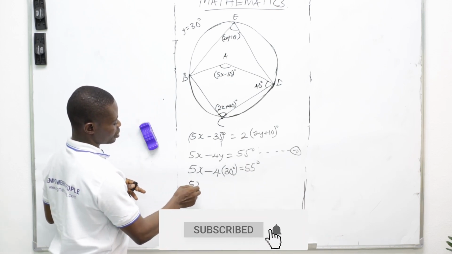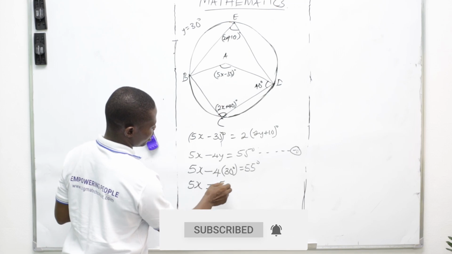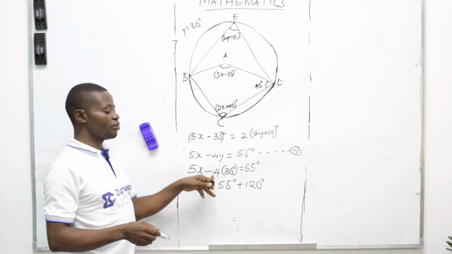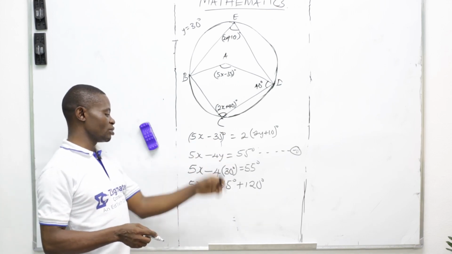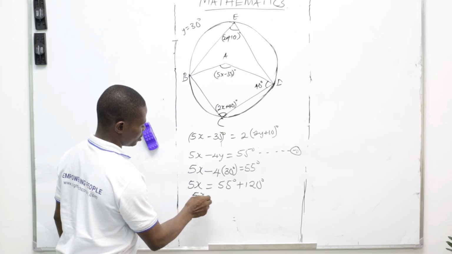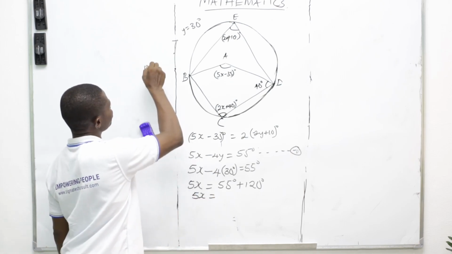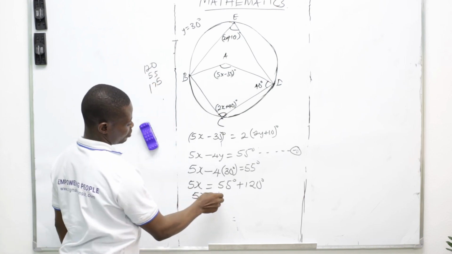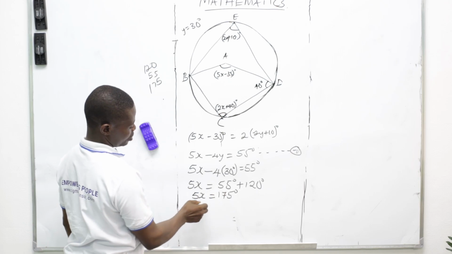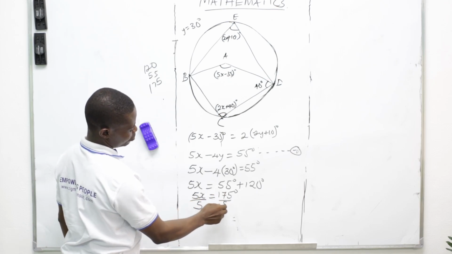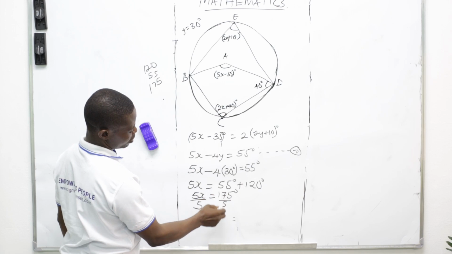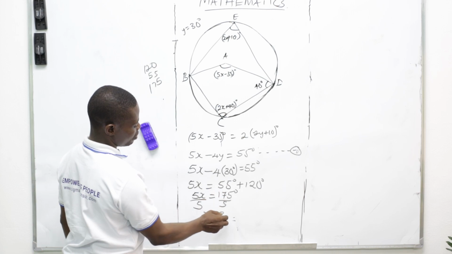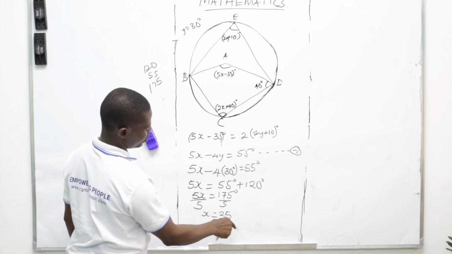So 5x equals 55 degrees plus 120. That is 4 times 30 will give us 120. 5x equals 120 plus 55. This is 175 degrees. Dividing through by 5, we have that x equals 5 in 17 is 3, remainder 2, 5 in 25 is 5.